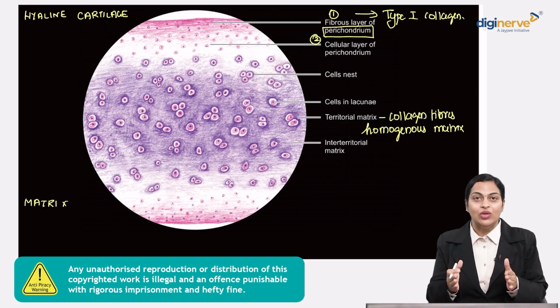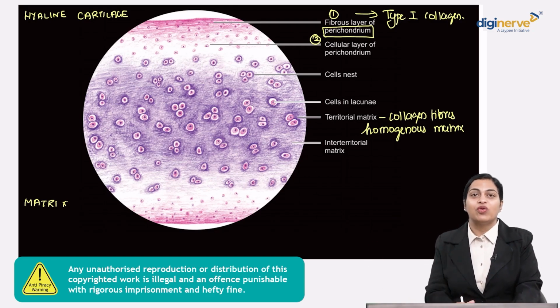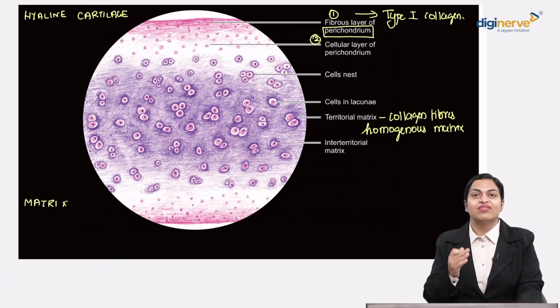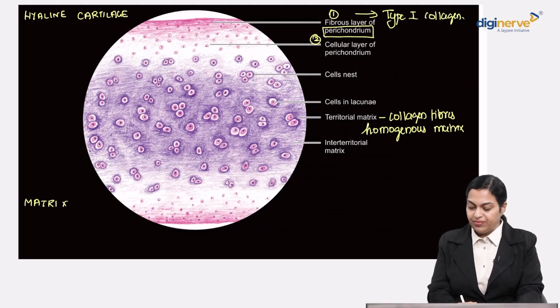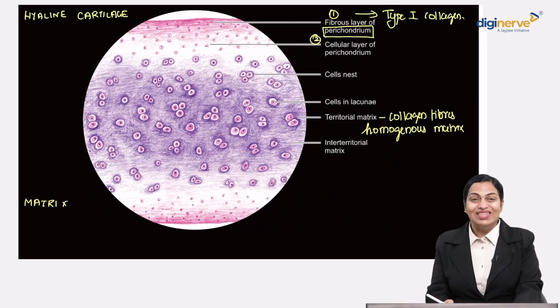The term hyalose means glass-like, a transparent matrix, because the collagen fibrils have the same refractive index as that of the ground substance in the matrix, right? And then another feature very exclusive of hyaline cartilages about the matrix is, can you see?